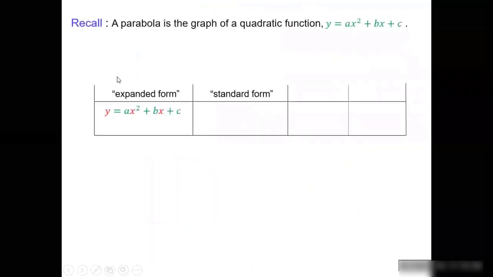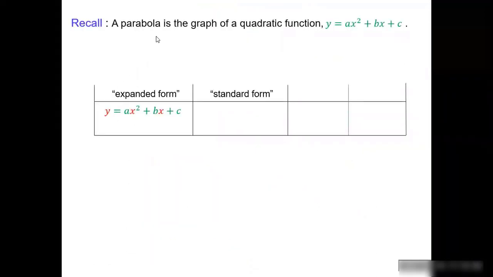So the first thing we should recognize is that a parabola is nothing more than the graph of a quadratic function, which, remember, as a trinomial was in the form y equals ax squared plus bx plus c. Now this was a quadratic function, and we refer to this here as expanded form.